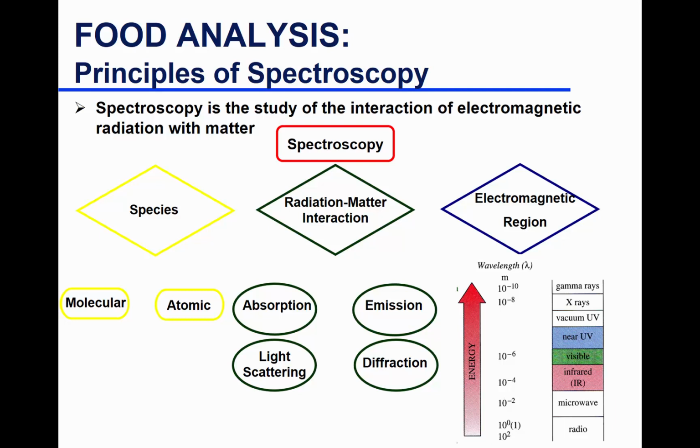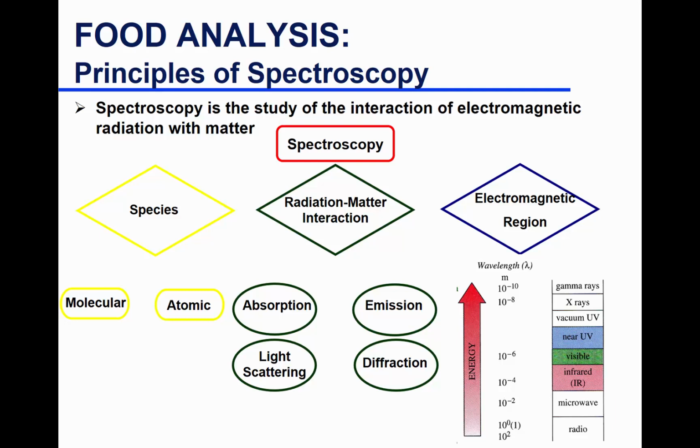The radio is the longest, and the gamma rays are the shortest. And the shorter the wave is, the higher the energy that it carries. And I'll explain that in a minute. It depends on how many oscillations per unit time.